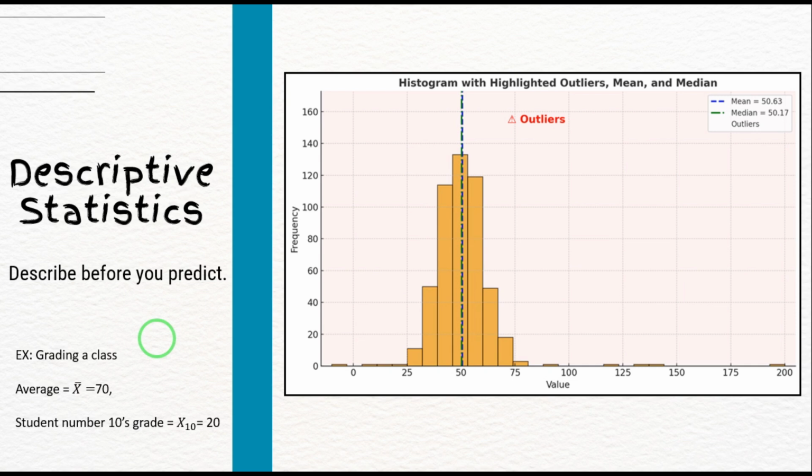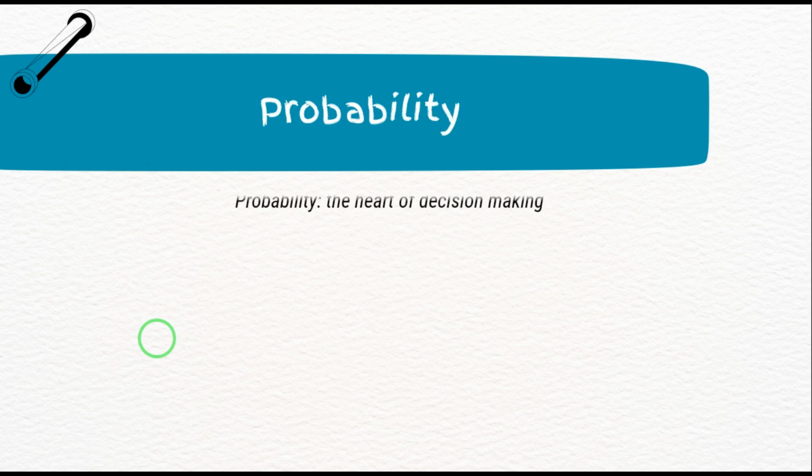All right, we have described our data. Now let's talk about the part that makes statistics truly powerful: probability. Probability is how we handle uncertainty. Every prediction a model makes, whether it's spam detection or disease risk, comes with some uncertainty.